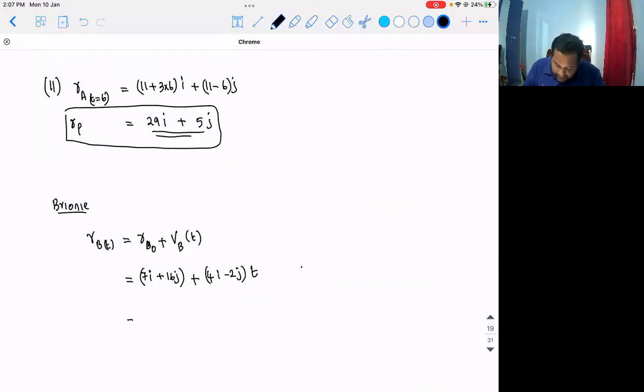So that implies (7 plus 4t) i plus (16 minus 2t) j. So this is the position vector of Brioni after t seconds. Then how will we show that these two are equal?